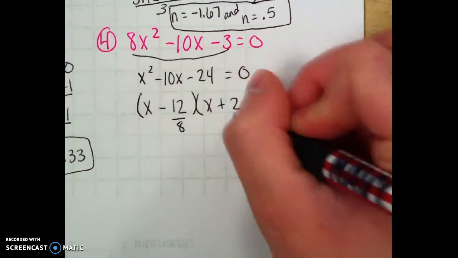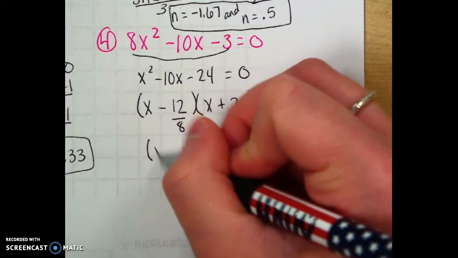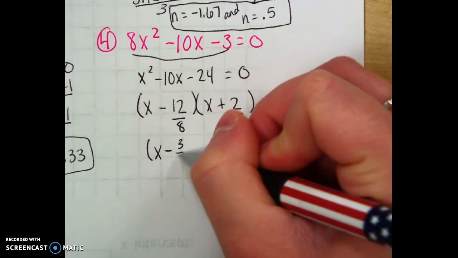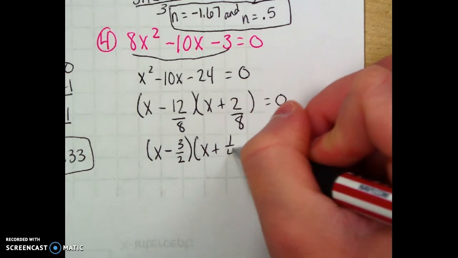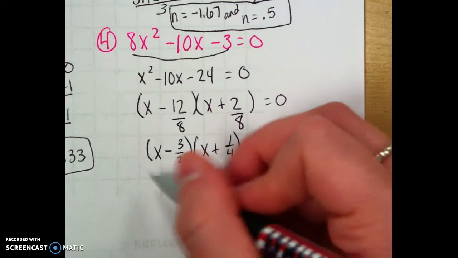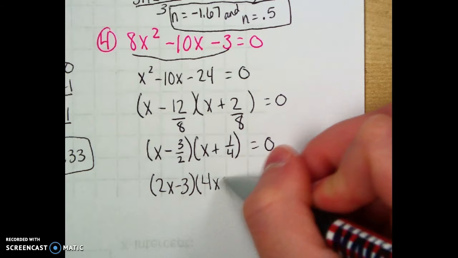Divide by 8. This is another one where I'm going to have to reduce. So x minus, let's see, that would be 3 over 2. And x plus 1/4. 2x minus 3, 4x plus 1.